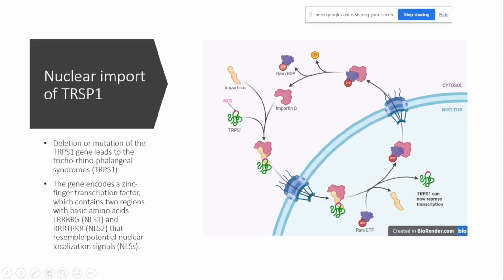In this wild type and mutant, if I ask you to find whether the wild type or the mutant TRPS1 is accumulated in the nucleus or not, how will you assay that, or how will you design your experiment?